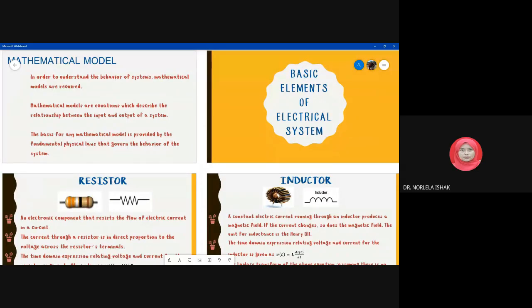Guys, can anyone share? Madam, Newton's law has three laws, right? What's the formula for Newton's law?